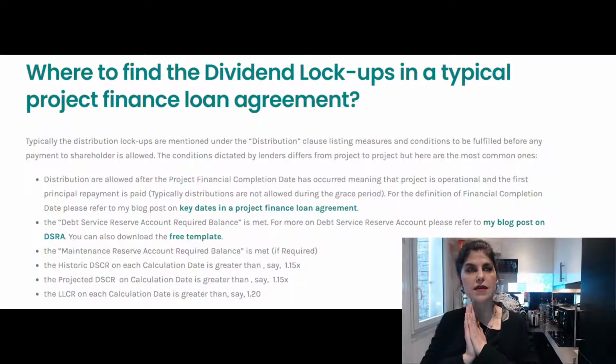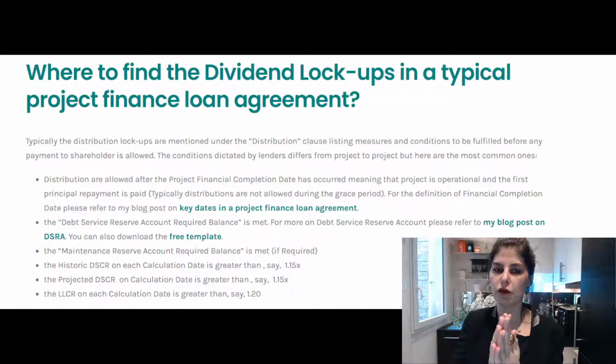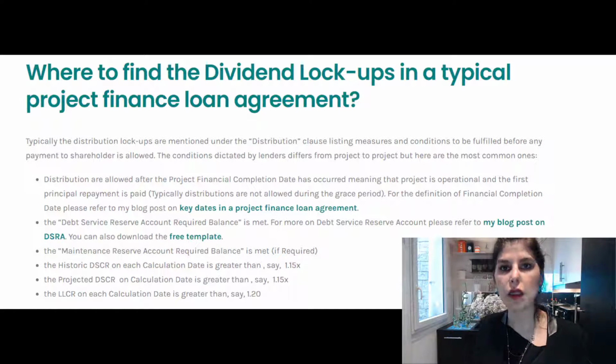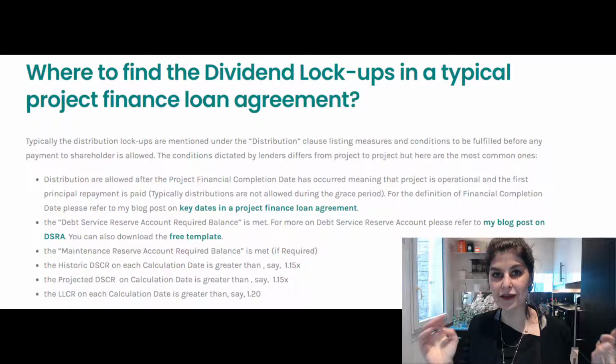The other thing is that I have some blog posts and videos about that as well, but there are some other requirements for lenders, like the debt service reserve account or the maintenance reserve account.